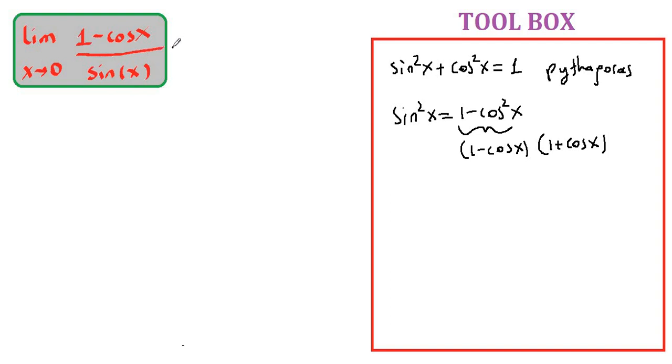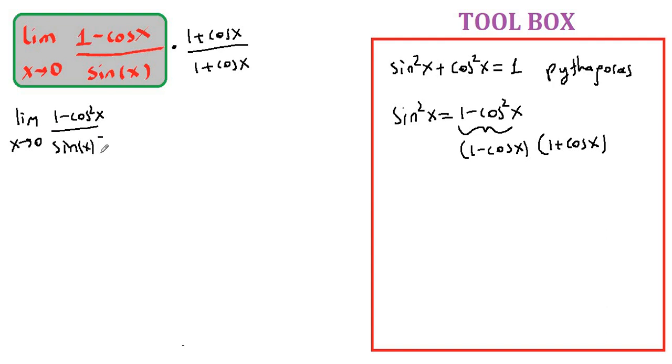So we're going to multiply both top and bottom by 1 plus cosine x. So our limit as x approaches 0 will turn into 1 minus cosine squared of x over sine x times 1 plus cosine x.